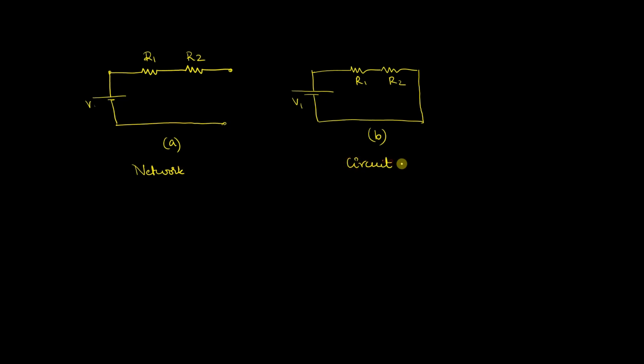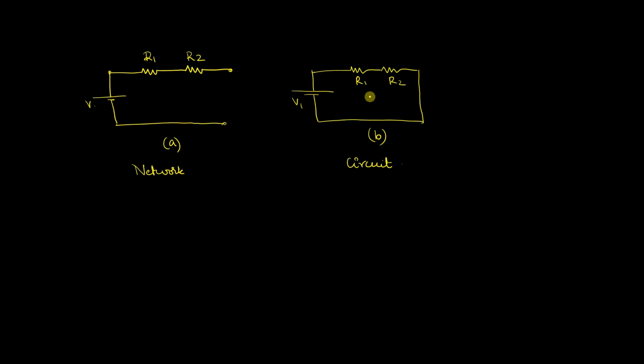Looking at these figures, I hope it is very much clear. A circuit is the one which has a closed path for the flow of current. A network may not provide a closed path. You can see the terminals are open circuited in the case of the network, while in the circuit you have a closed path.